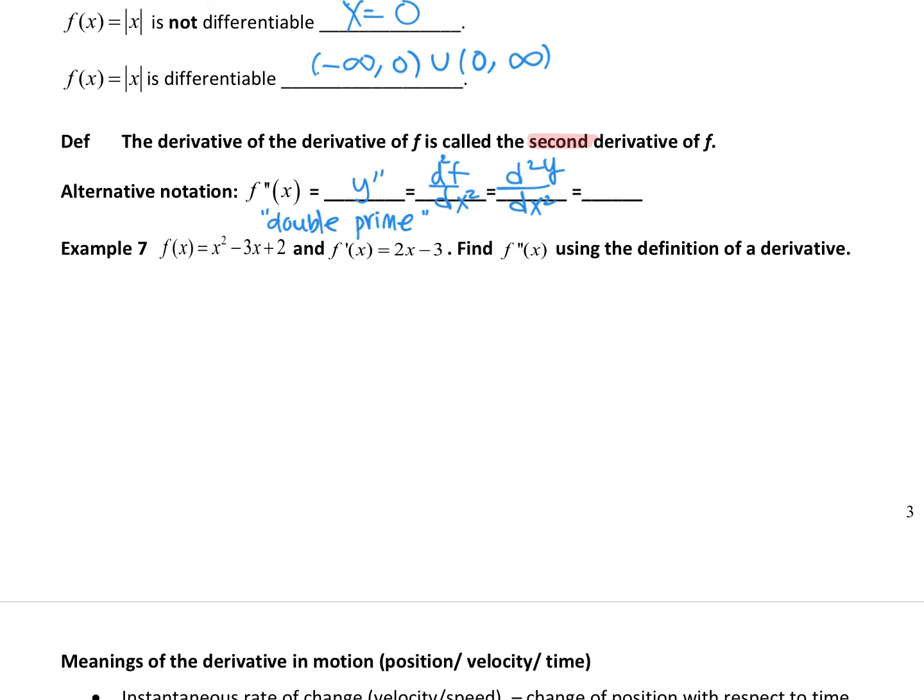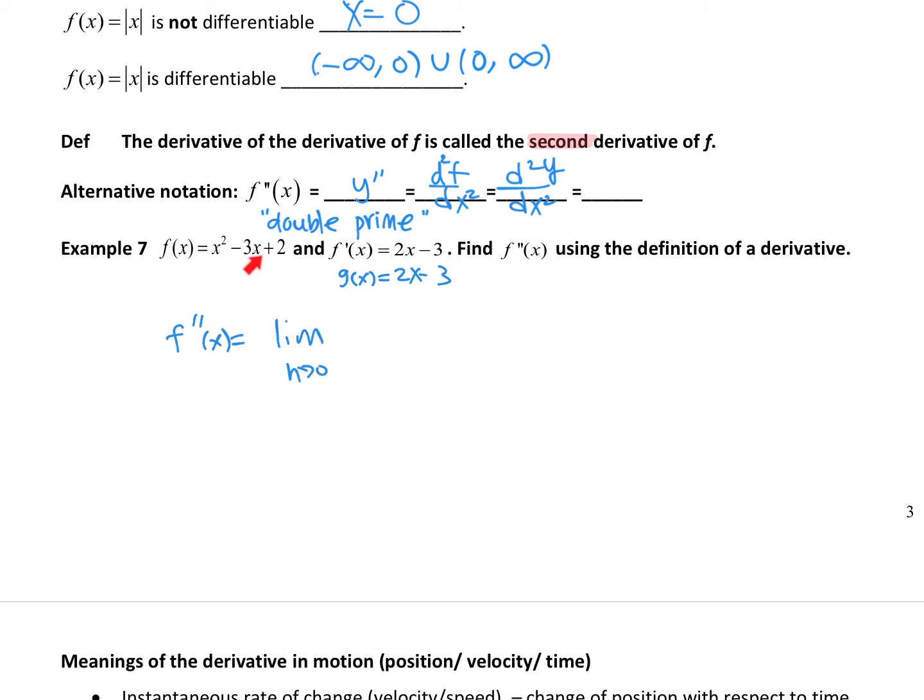So for example, example 7, f is x squared minus 3x plus 2. F prime is 2x minus 3, fine. F double prime, okay, so that means take this one, the prime, and take the derivative of that one more time. So I'm going to call this g of x. So basically, f double prime is the limit as h goes to 0.